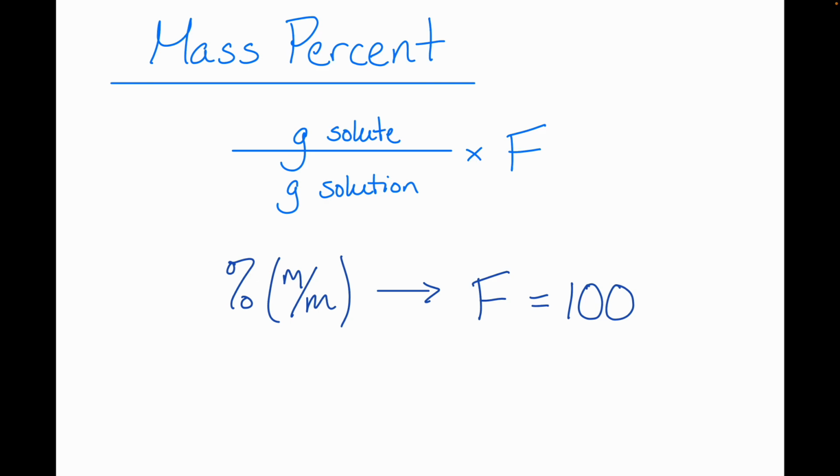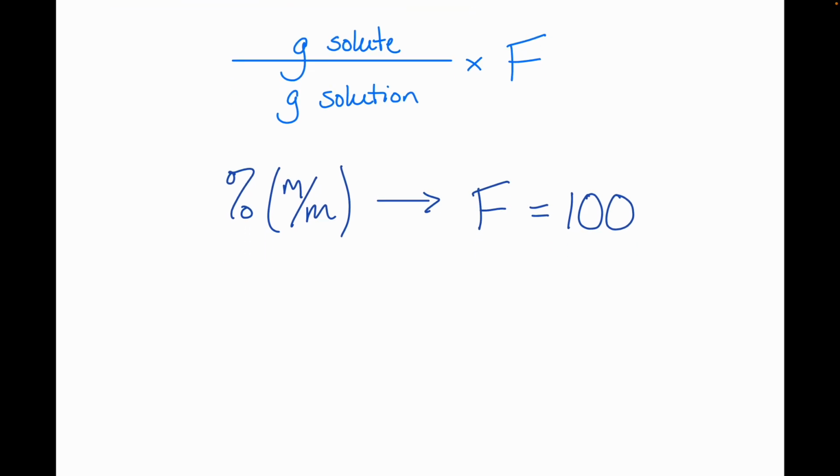There are specific fields, in particular the one that comes to mind immediately is environmental science, where they're really worried about, for example, water contamination, and they're worried about very tiny concentrations. Human beings are sensitive to extremely small concentrations of certain metal ions, in particular arsenic and lead, absolutely terrible for us. We want to make sure that stuff is not in our water supply, even in tiny quantities.